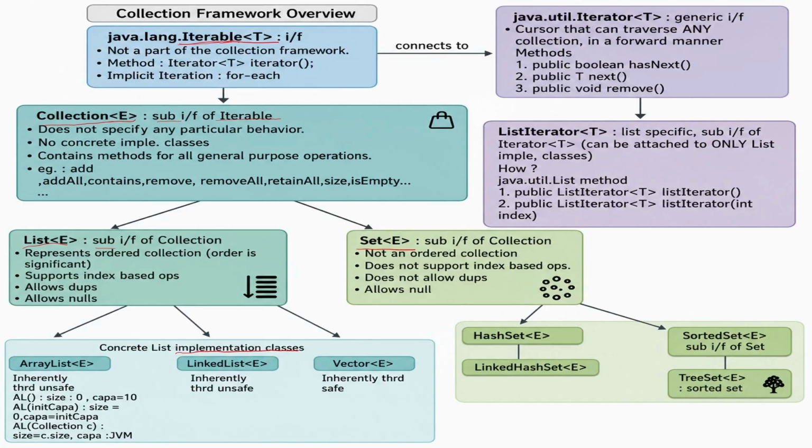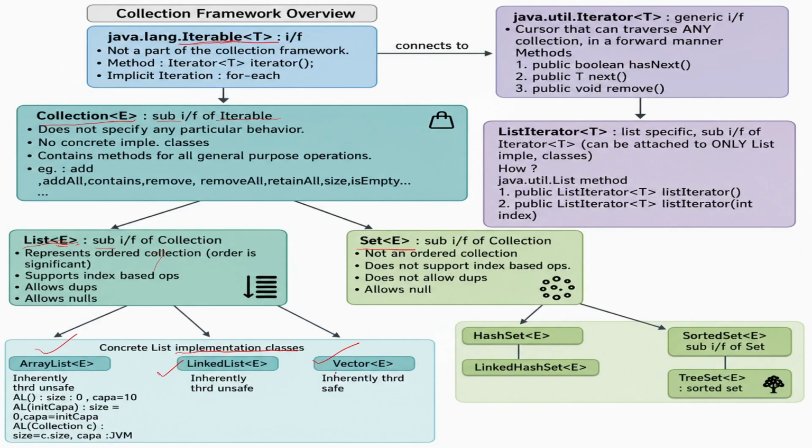So list is one interface. List is a child interface of collection, but list is an interface. So there will be some classes which will implement this interface, and those classes are called implementation classes. For the list interface we have three implementation classes: ArrayList, LinkedList, and Vector.